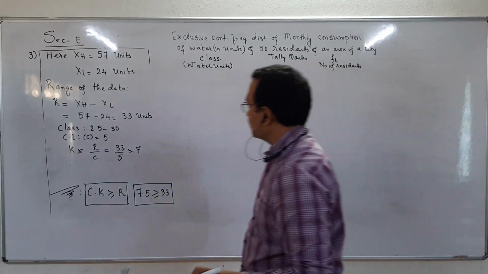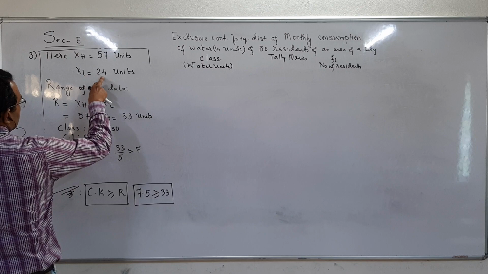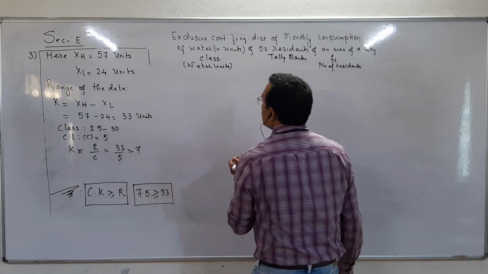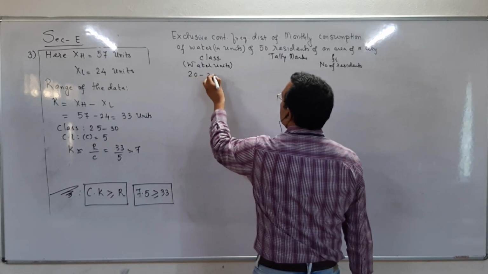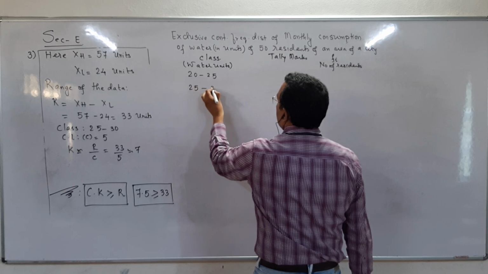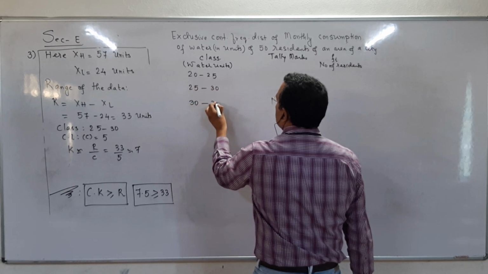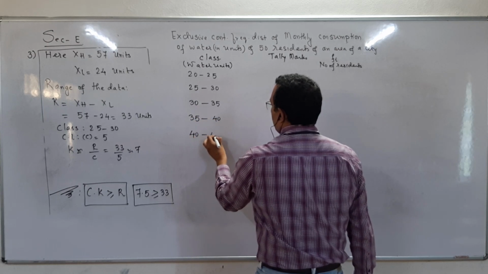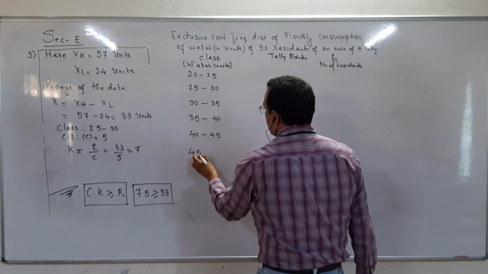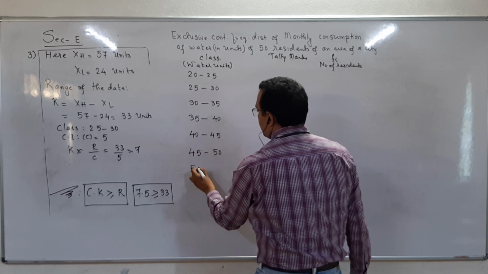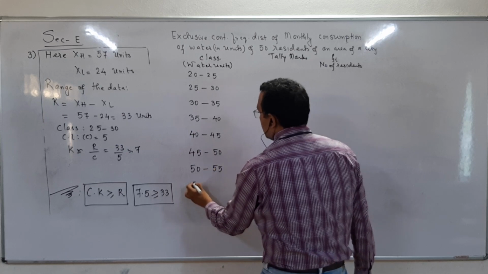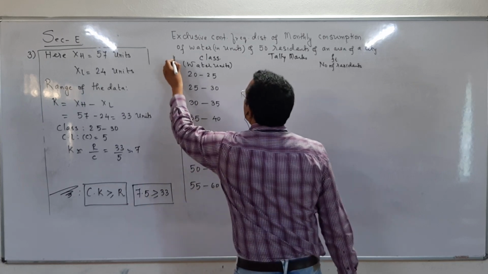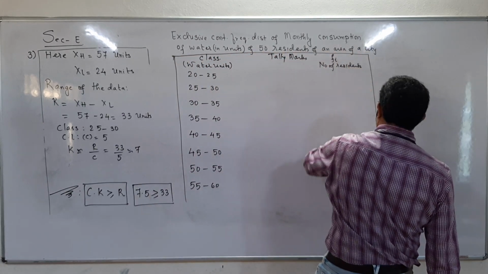The lowest observation is 24 and one of the classes is 25 to 30, so the first class will be 20 to 25, then 25 to 30, 30 to 35, 35 to 40, 40 to 45, 45 to 50, 50 to 55, and the last class will be 55 to 60. This will be our table.